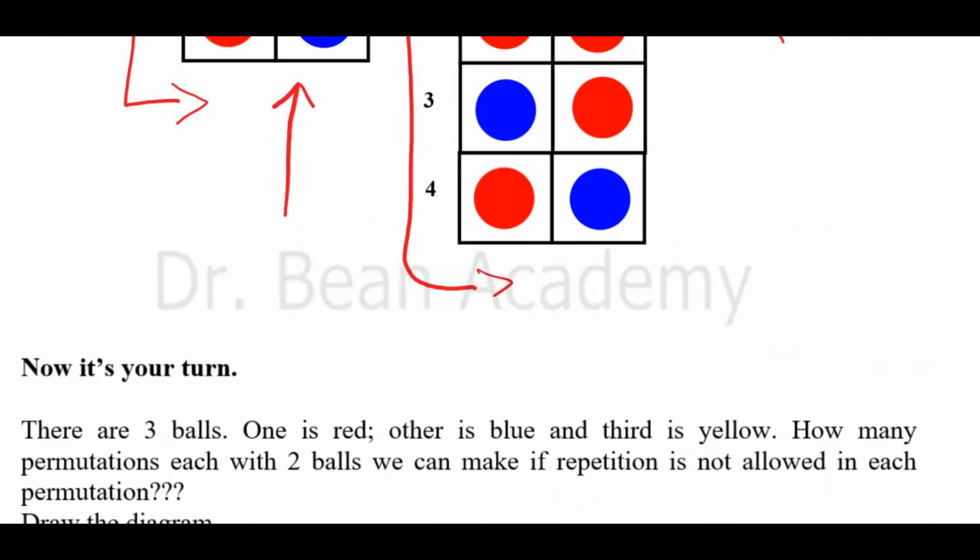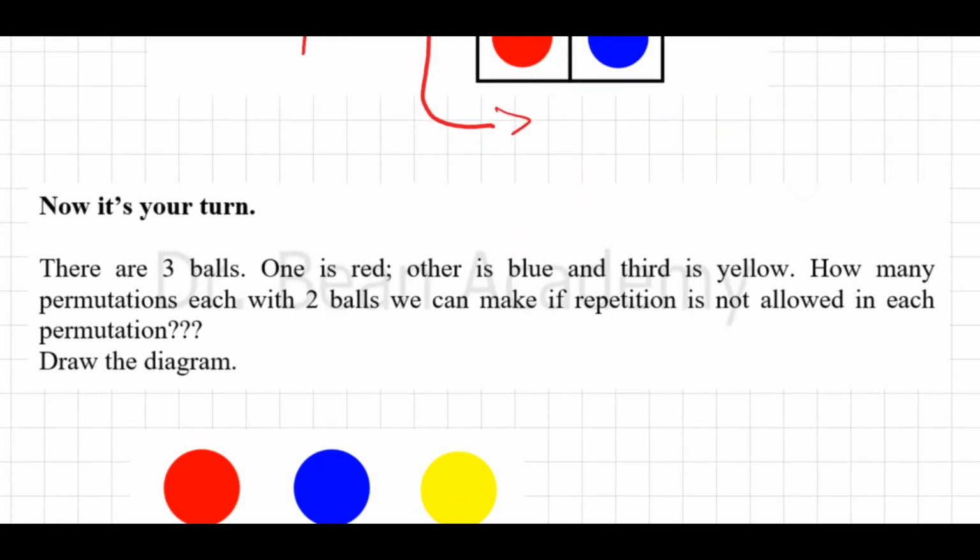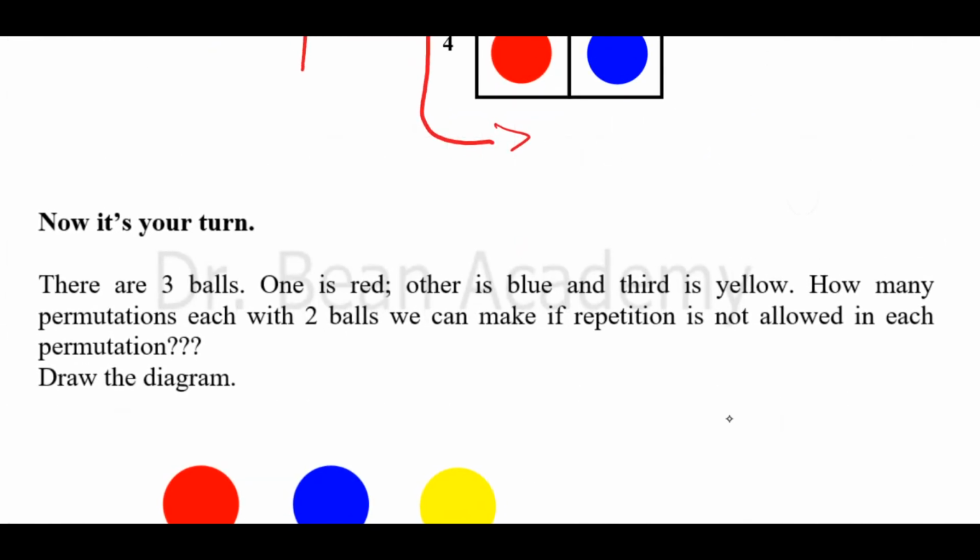So now it's your turn to solve this question. There are 3 balls. One is red, the other is blue, and the third is yellow. How many permutations, each with 2 balls, can we make if repetition is not allowed in each permutation? Draw the diagram.